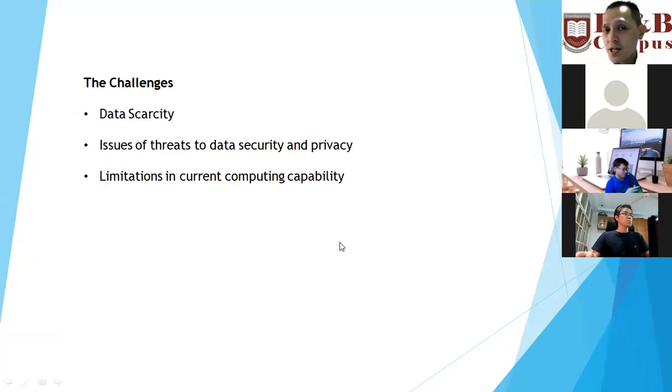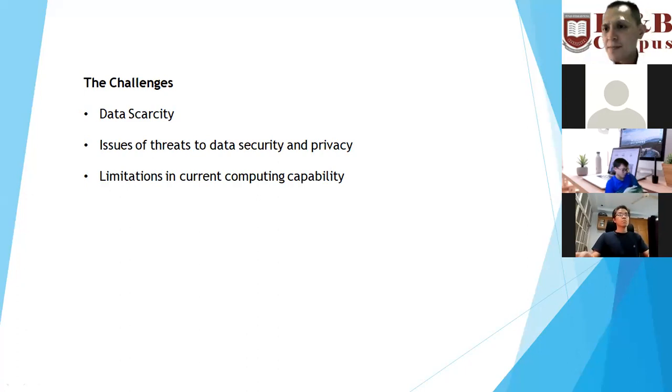Data has been exchanged. You will have to use a lot of data exchange to get data from others. Because the technology is so widespread and electronic, sometimes data is very difficult to manage. That's why data scarcity will be one of the very big challenges. And then the issue of data security and privacy.